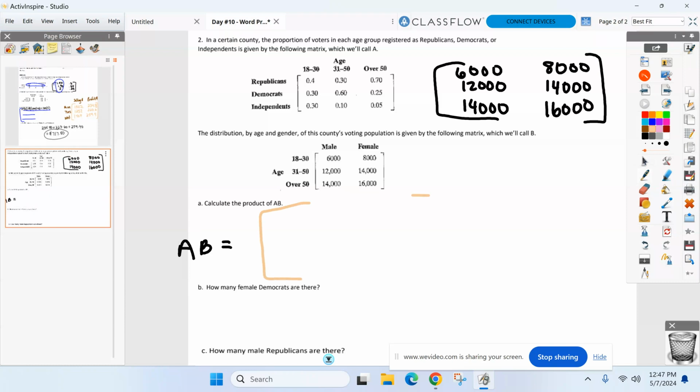Decimals here. Make sure you got another 3x2 here.